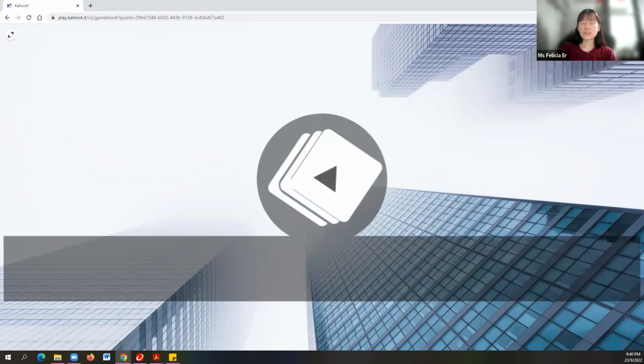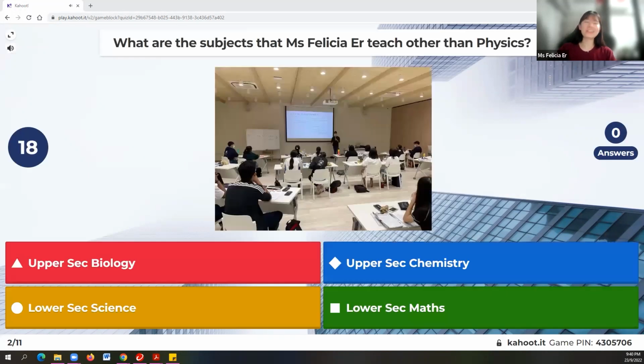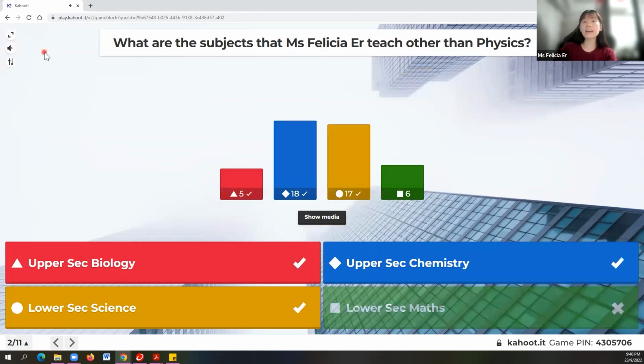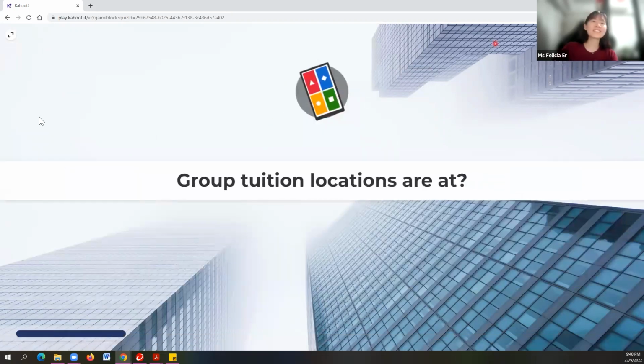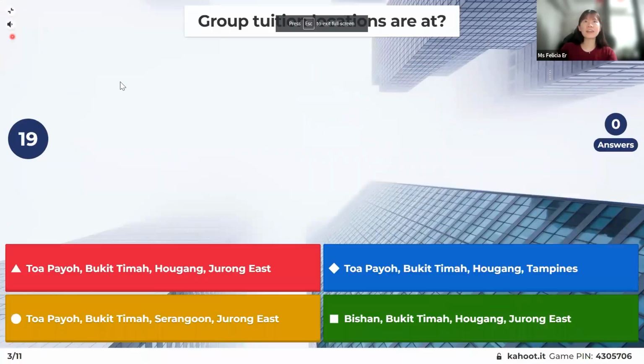Even if your physics is not strong, you can still score. I'm also teaching the IP chemistry next Friday at the same time. So I'm teaching science, so there are a lot of answers. I tried to make it fair, even if your physics is not good, you can still score one. So this one, were you paying attention just now?